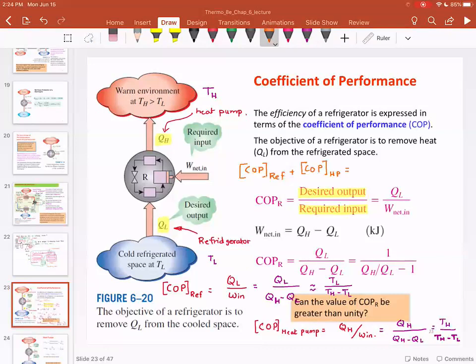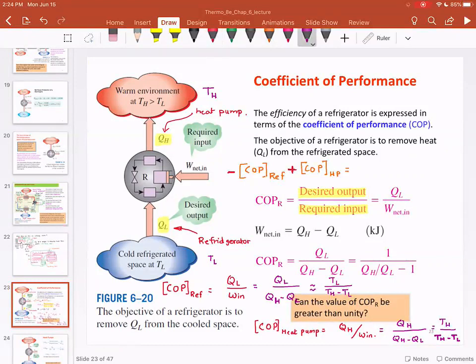Or let me be a little bit careful here. So COP of heat pump and COP of refrigerator. So COP of refrigerator plus COP of heat pump, what do I get?